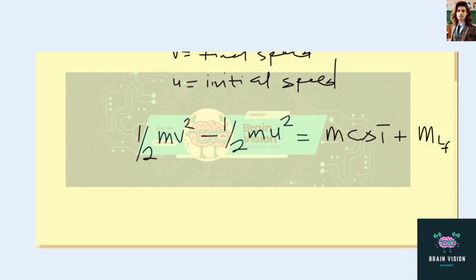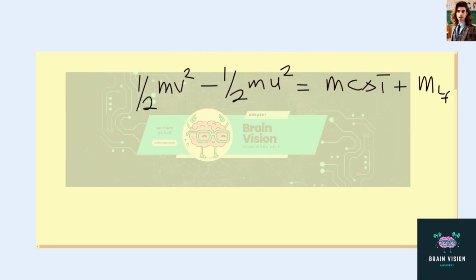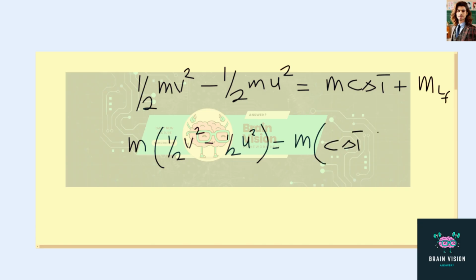Now, when we look at this equation, we can see that we have mass throughout the equation. So let's factor out the mass. We have the mass out of the bracket: half v squared minus half u squared is equal to the mass out of the bracket times c delta T plus L_F.